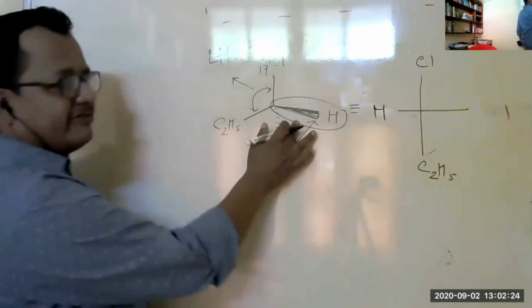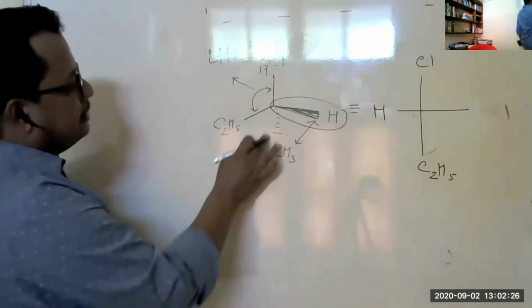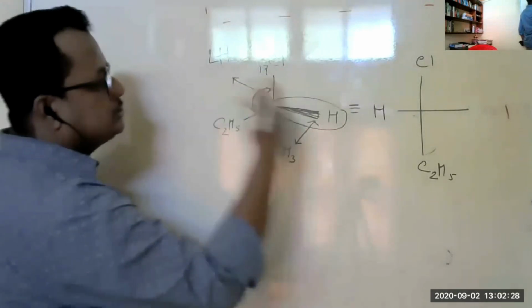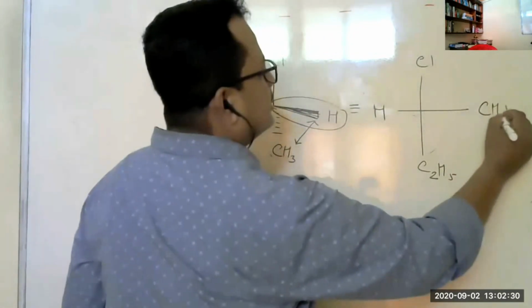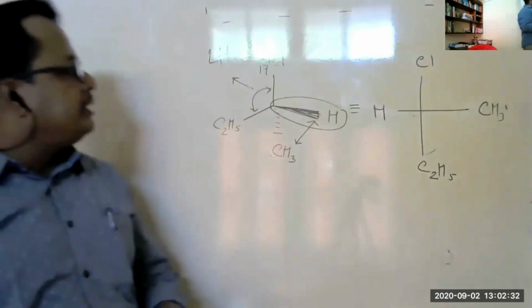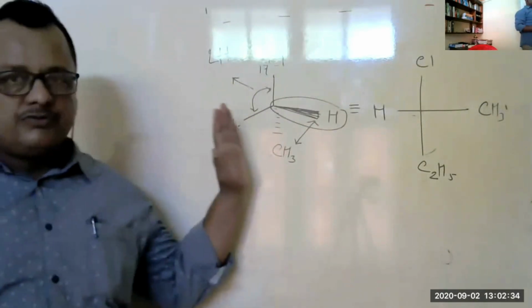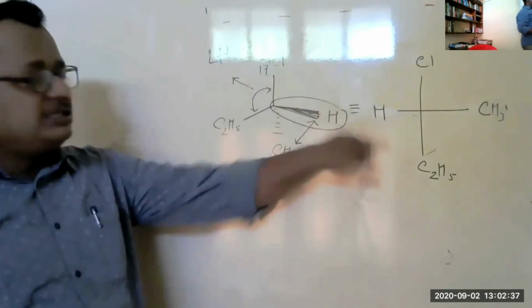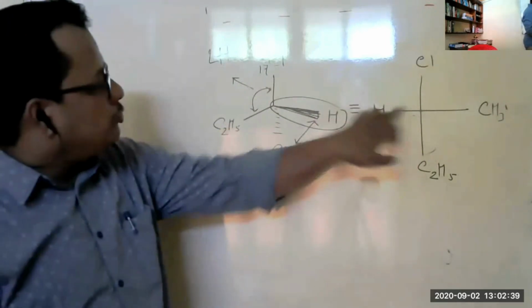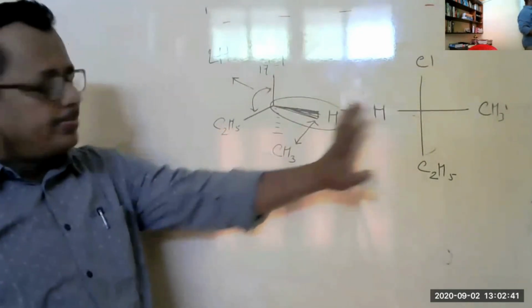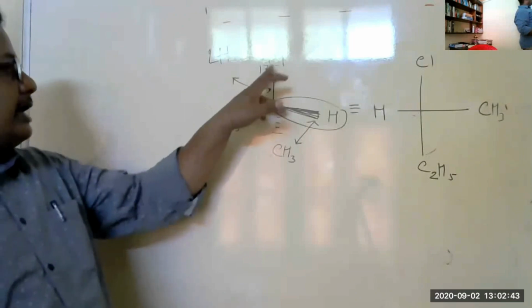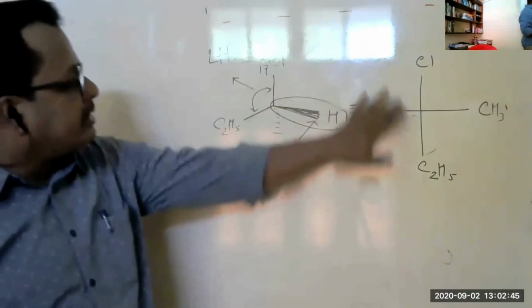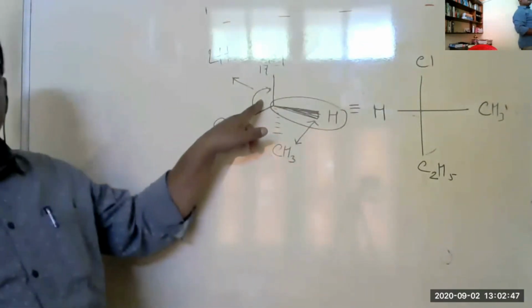So hydrogen will be on the left. And the group which is in the broken wedge will be on the right. Here I am again repeating. If you want to convert from flying wedge to Fischer, you draw two intersecting straight lines. Then the atoms or groups on the line bonds will be vertical. Then you observe this angle.